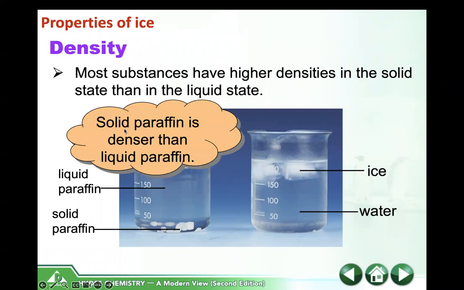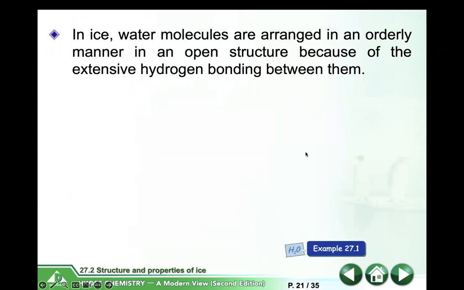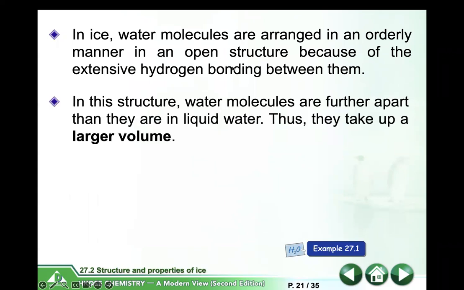We can show that again: in solid paraffin, the particles pack closer, so solid paraffin is denser than liquid paraffin. However, that is not the case for ice. Why is it so? In ice, water molecules are arranged in an orderly manner, in what we call an open structure.